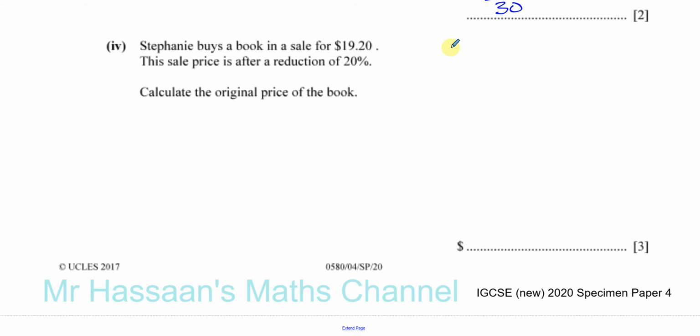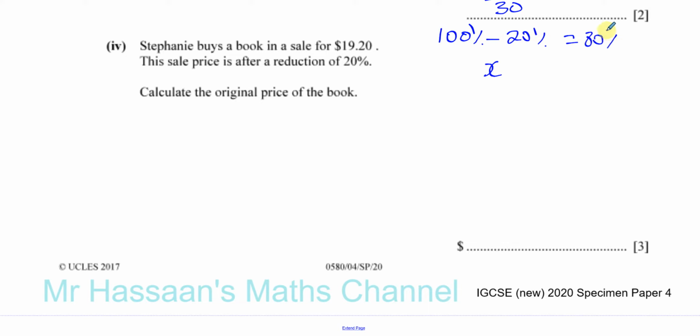That means the new price, which is 19.2, is the result of the old price being reduced by 20%. So let's call the old price X. If the old price is X, then we want to reduce this price by 20%. That means it's 100% minus 20%, which gives you 80%.